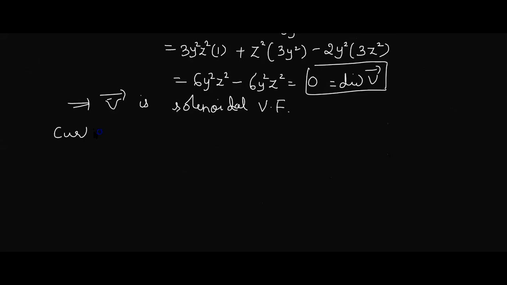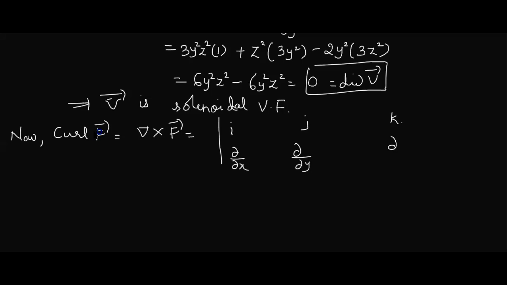To prove the next part, what do we have to start with? Curl of F, what they have given as the second vector field F, no? Take curl F. Curl means cross product, del cross F. So cross product means i, j and k, del coefficients dou by dou x, dou by dou y, dou by dou z.